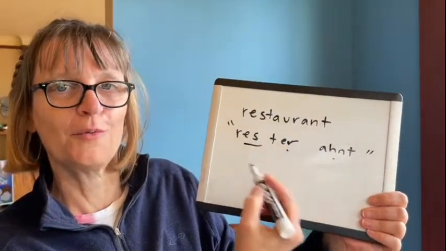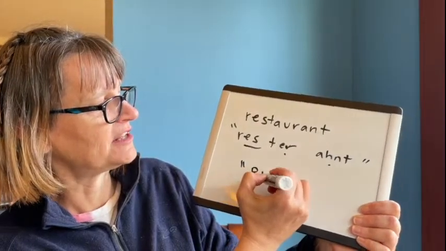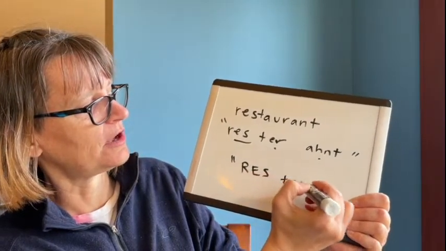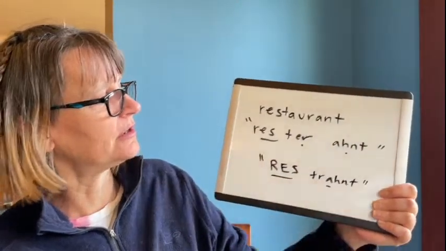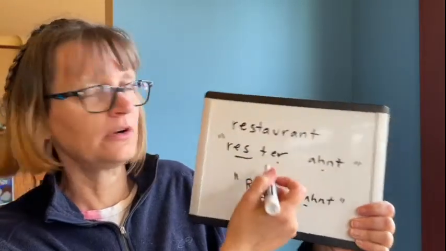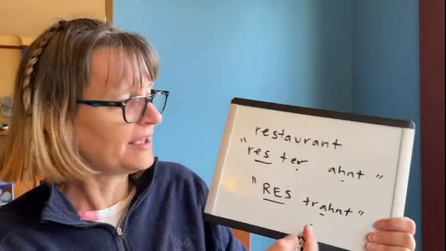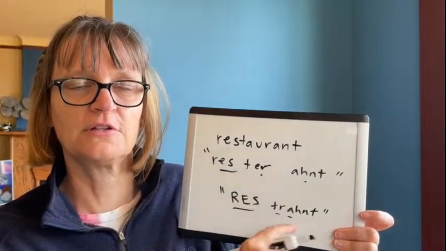More often though, we'll do 2 syllables rather than 3. You hear me playing around with that, where it sounds more like restaurant. So we're going to the restaurant. I'll meet you at the restaurant. This middle syllable gets so fast that we just go right to a tr instead of ter. Restaurant or restaurant.